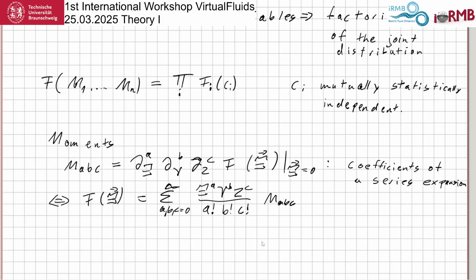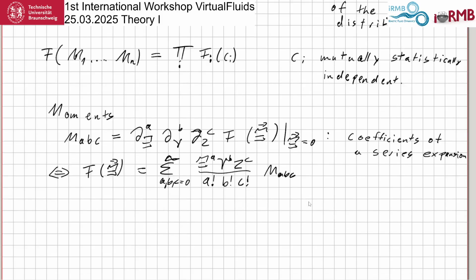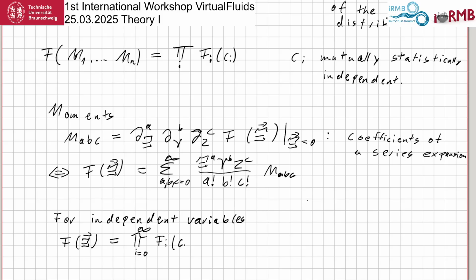Okay, now I lost where I am, yes. So now these are not independent variables. What do we have to do if we want to see independent variables? So say for independent variables, we have this f of xi. We said that we can factor this into its independent parts, which we have not yet identified, f_i and c_i.